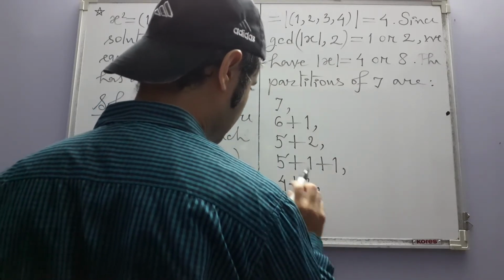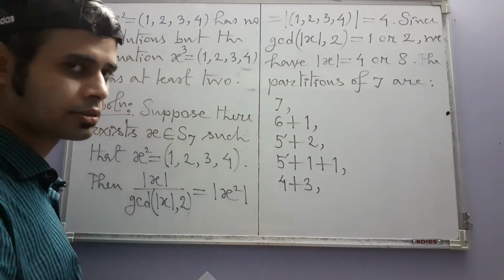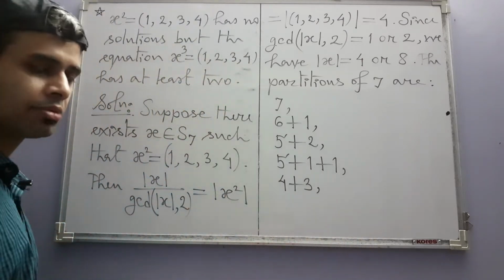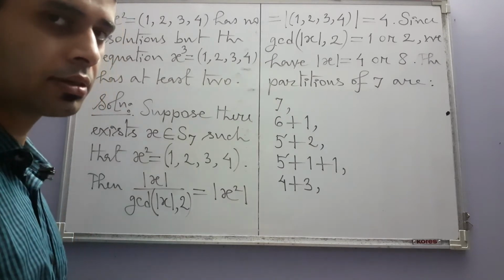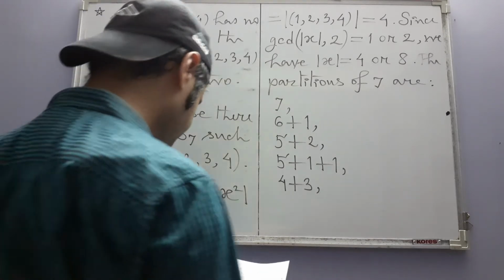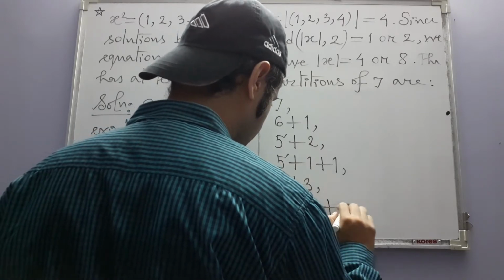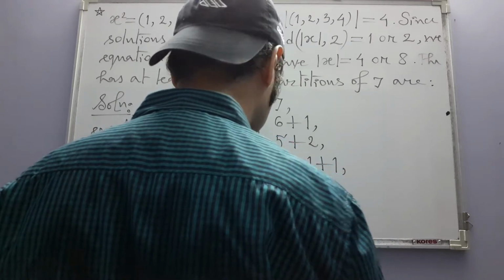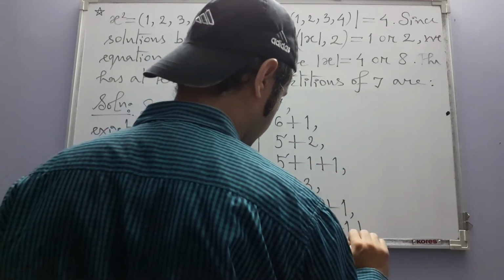There is of course some pattern in which you can find these partitions. We are not going deeply into that. We just take this as given information and use it. 4 plus 2 plus 1, then 4 plus 1 plus 1 plus 1.